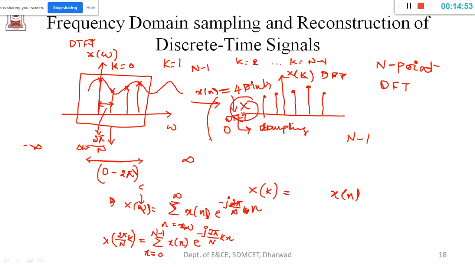I avoid that step. Directly there is an equation for me to obtain discrete samples, and that method is called DFT. How many points am I going to take? N point DFT. N is a numeric number. For example, N equal to 4 means a 4 point DFT, so 4 discrete samples are required on the output side. That is the meaning.